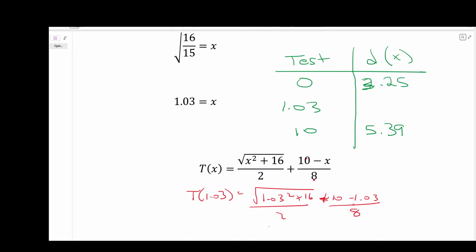Square root that. Divide by 2. So far I have 2.07 plus, and then 10 minus 1.03 divided by 8, I get 1.12, which gives me 3.19.